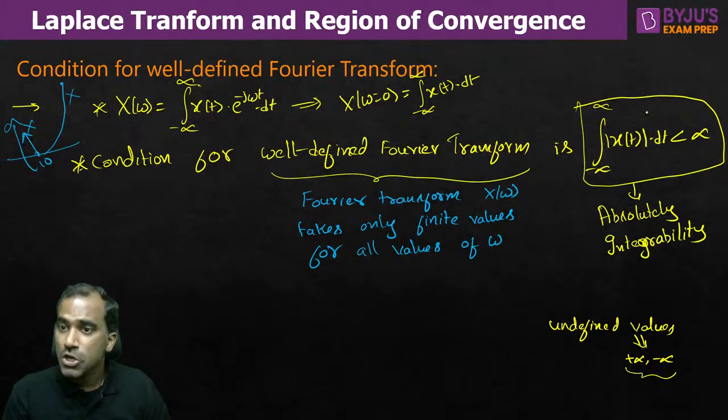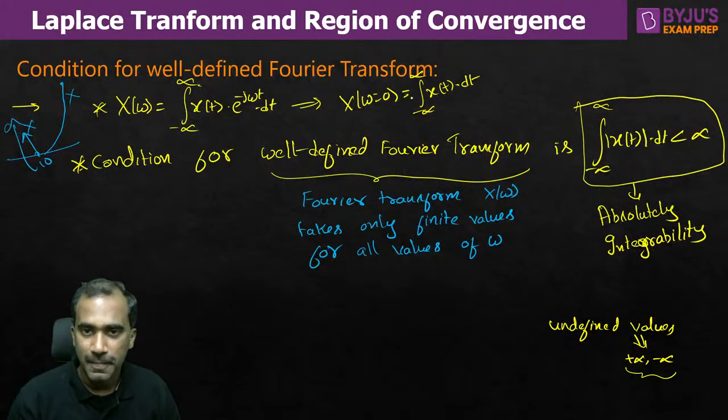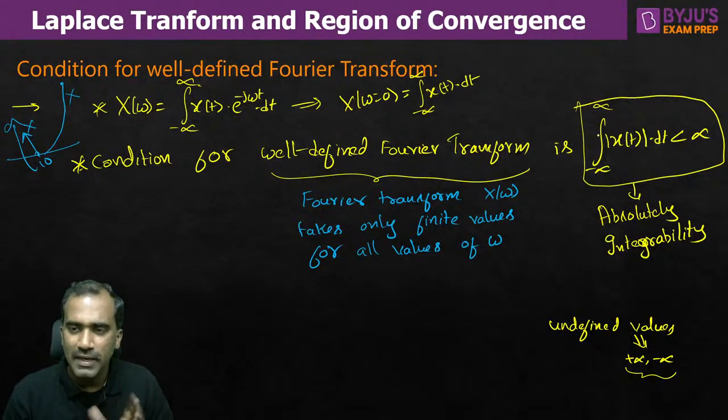So if this condition is not satisfied, this value will definitely be infinity. If it is satisfied, this value will be finite, and not only this value, for other frequencies also it will be finite. I hope you're following. So you can understand in common-sense terms why you got this condition.